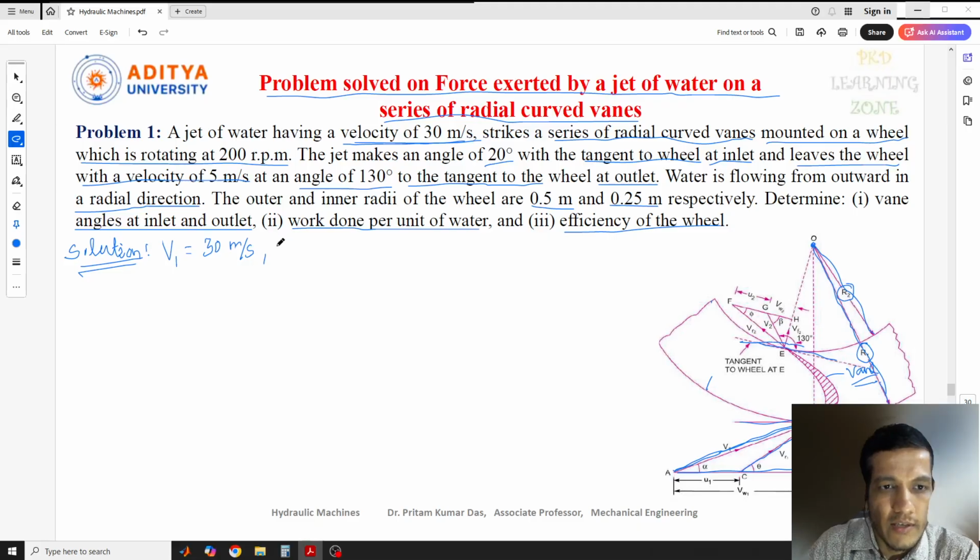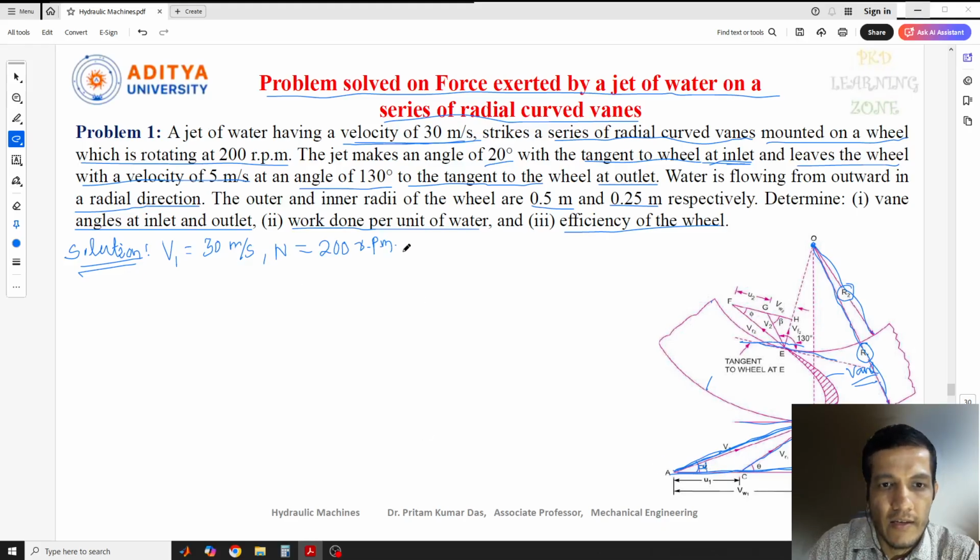So the speed of the wheel is given; we can mark it N equal to 200 RPM. And the jet makes an angle of 20 degree to the wheel at inlet condition. So this is the jet of fluid, which makes this angle alpha.